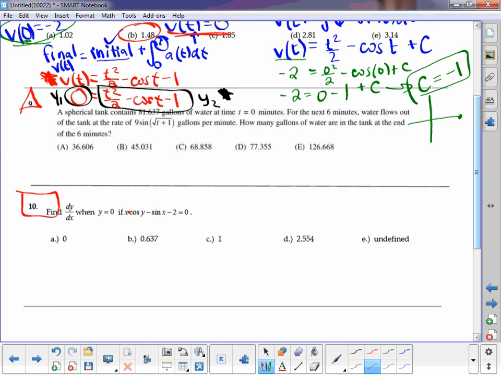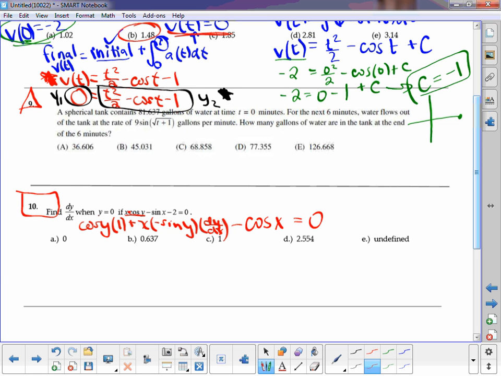So I have second stays times derivative of the first plus first stays times derivative of second. Derivative of cosine is negative sine y. Inside stays, but multiplied by the derivative of the inside, which is just dy dx. So that's all just the first piece. And derivative of negative sine x will be minus derivative of sine is cosine x. Derivative of negative 2 is 0. Derivative of 0 is 0.